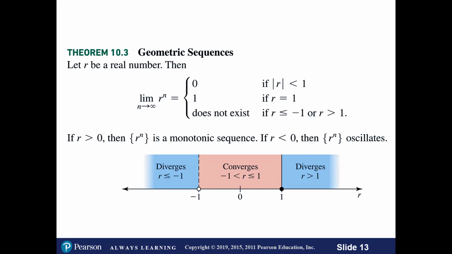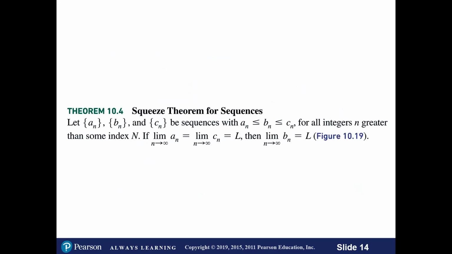If r equals 1, it converges to 1. And if r is less than or equal to -1 or greater than 1, then it diverges. The limit does not exist. If r is less than 0, then the geometric sequence oscillates. Finally, if r is greater than 0, it's a monotonic sequence.